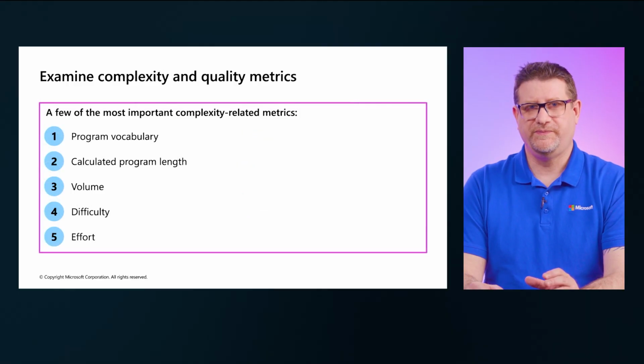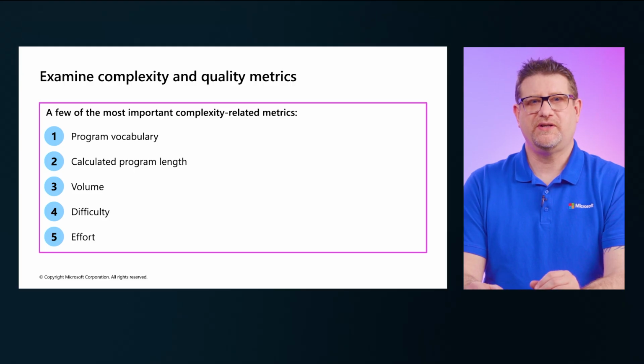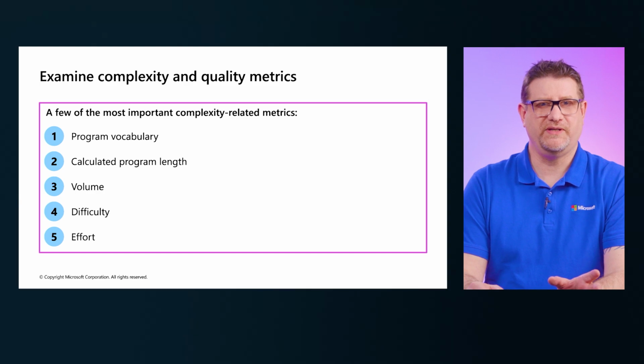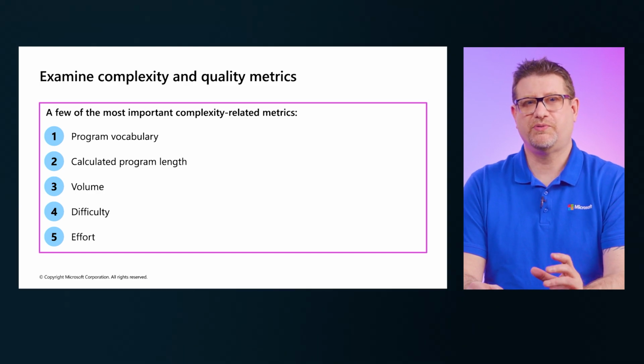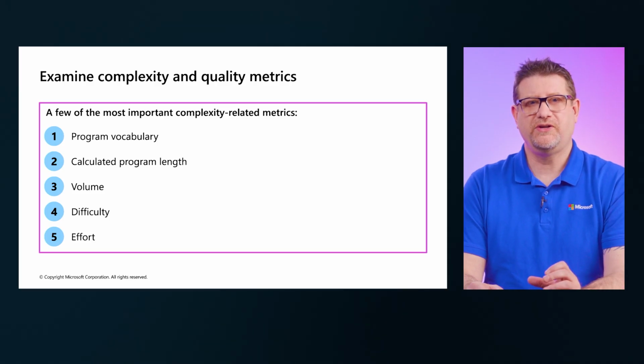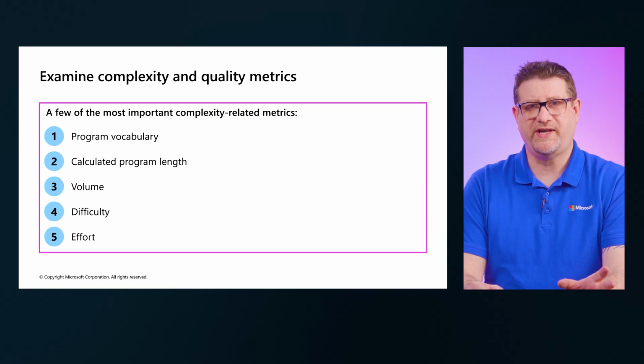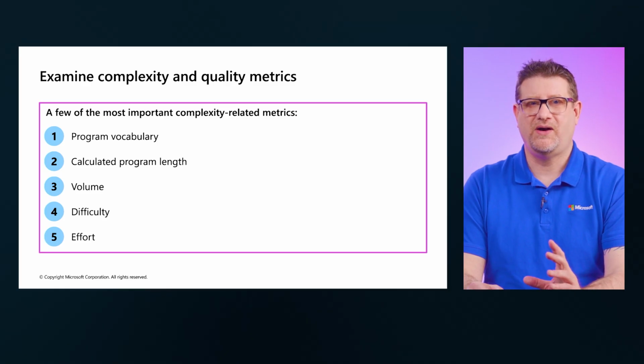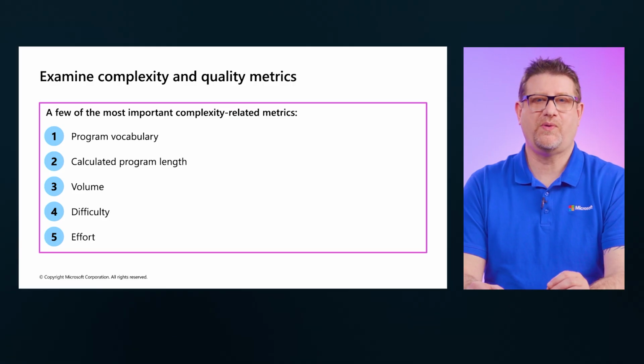Understanding code complexity is crucial for maintaining high-quality software. Let's talk about the key metrics that help developers assess how challenging their code base might be to work with. Important measures include program vocabulary, which is the variety of unique elements used, calculated program length, which is the total size of the code, the volume, the overall amount of information contained, the difficulty, how hard it is to understand or modify, and the effort, the amount of work required to develop or maintain the code.